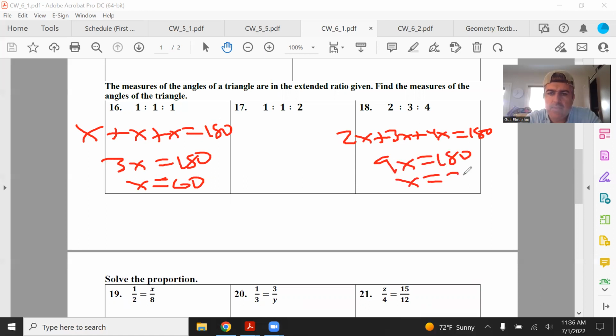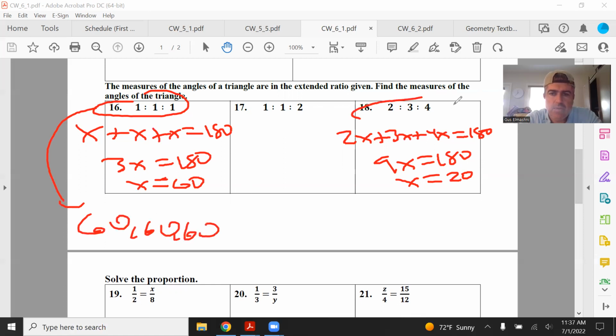X is 20. And then to get the measure of each angle, multiply each by 60, so you got 60, 60, 60. Or here, multiply by 20, you get 40, 60, 80. So that's 16 and 18.